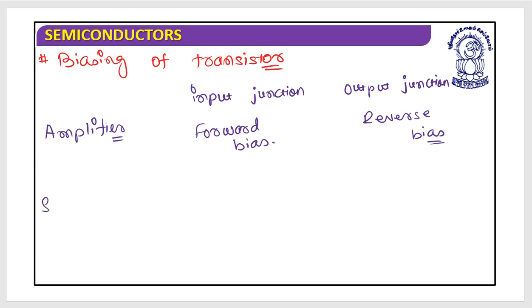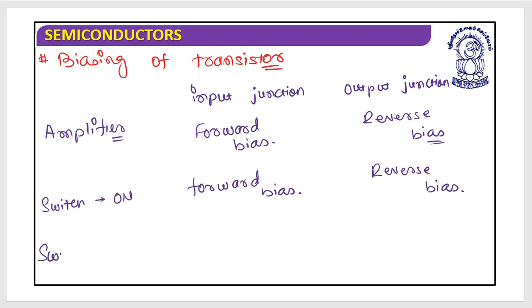When I want it to work as a switch in the on state, I keep my input junction forward biased and my output junction reverse biased. When I want my switch in the off state, my input junction will be reverse biased and even the output junction will be reverse biased.